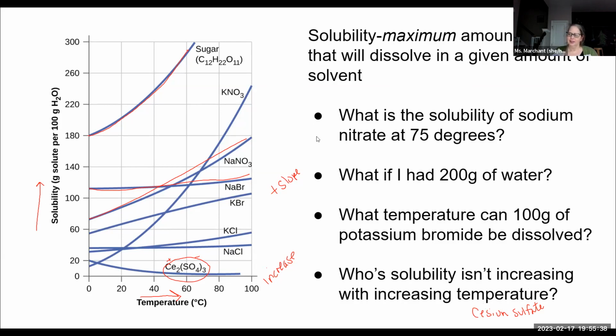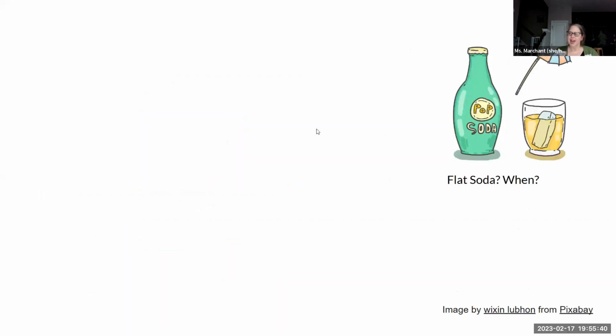Okay, and now let's go over to something else that tends to have a negative slope on the graphs, and that is when we're looking at what's in soda to make it flat. So a flat soda has less bubbles, so it has less carbon dioxide dissolved. That happens for two reasons. One, when it's in its little can or bottle here, it's pressurized.